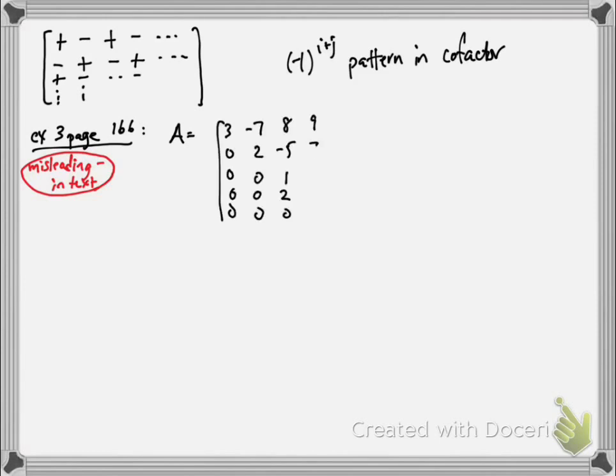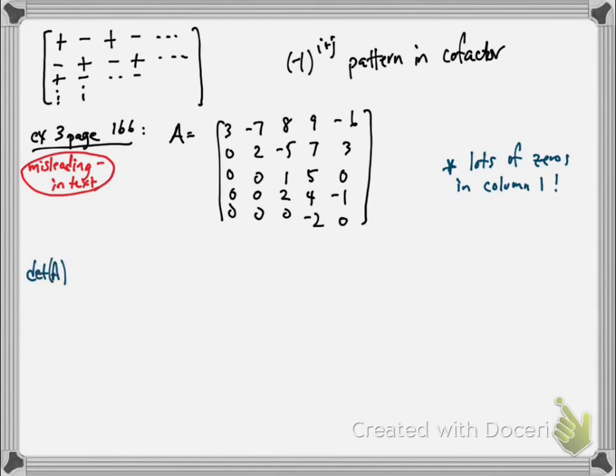So suppose A is that matrix given in example 3, right? So it's this big 5 by 5 matrix, and I want to compute its determinant. And I notice there's lots of zeros in column 1, and so that's the column that I'm going to expand along. I grab the 1,1 entry, which is a 3, and it's 3 times the cofactor C11 plus 0 times the cofactor C21 plus 0 times cofactor C31 plus 0 times cofactor C41 plus 0 times cofactor C51.